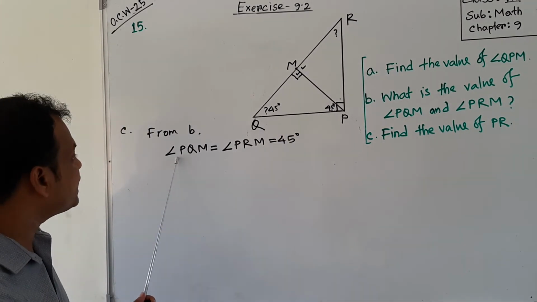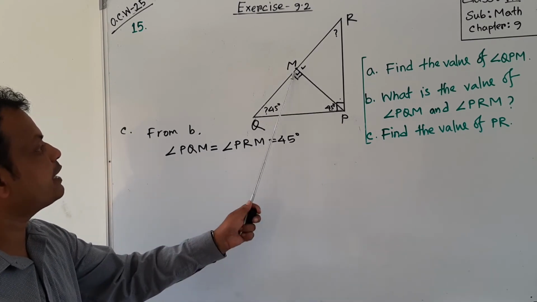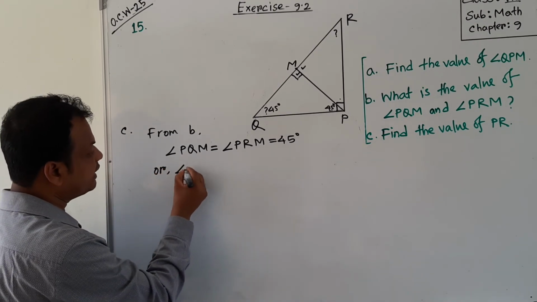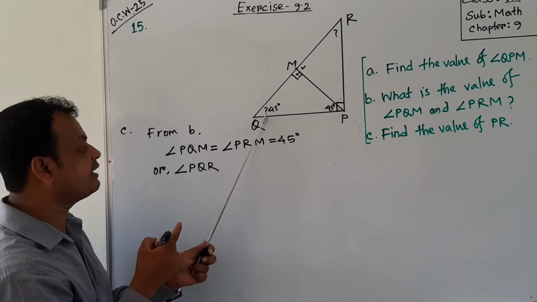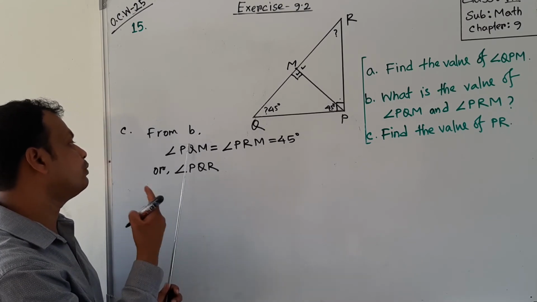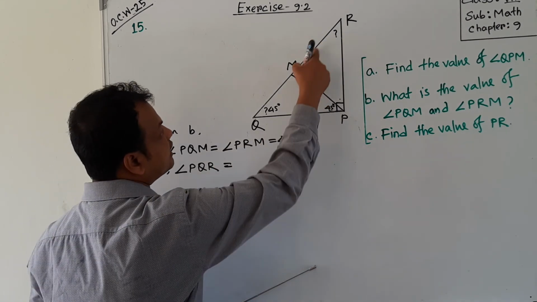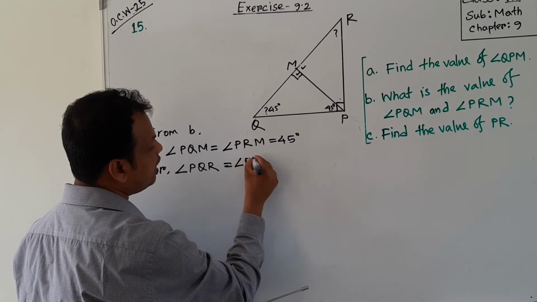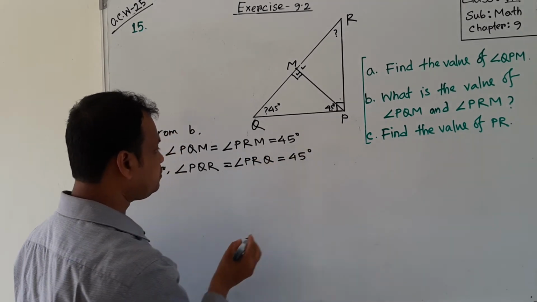So instead of PQM, we can write PQR. The same angle is denoted by PQR, as PQM equals PRM, so angle PRQ equals 45 degrees.